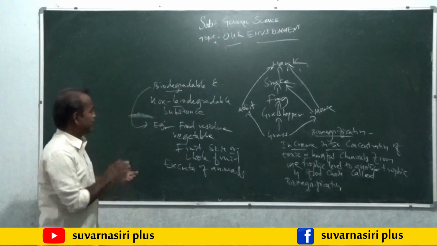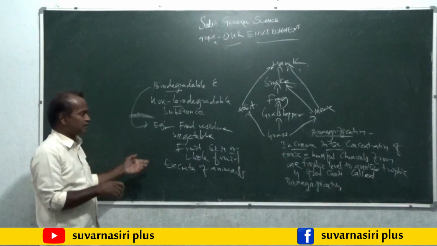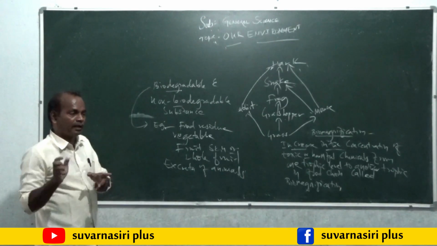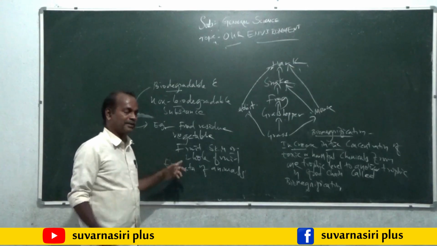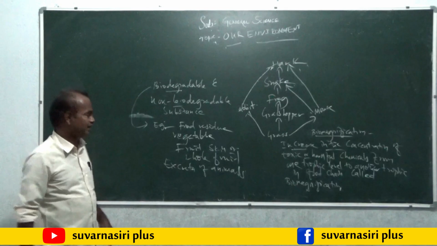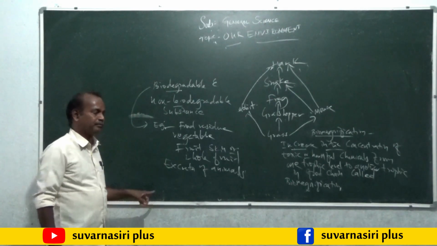All these are examples of biodegradable substances. Substances which can be broken into simpler and harmless form by the action of microbes like bacteria and fungi are known as biodegradable substances. These biodegradable substances are eco-friendly.